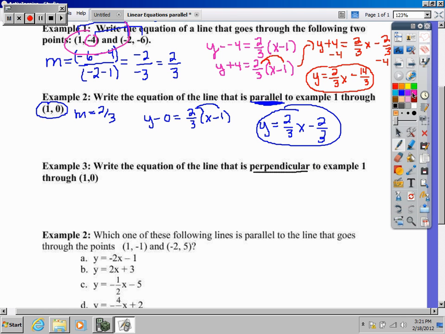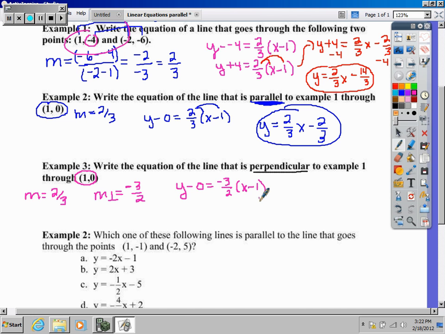The next example is asking me to do a line that's going to be perpendicular. So perpendicular is going to have to be opposite reciprocal. So remember, the slope originally was 2/3. So if I'm going to do a slope that's perpendicular, I have to flip it and do the opposite sign. So I make it -3/2. And now it has to go through this point again.